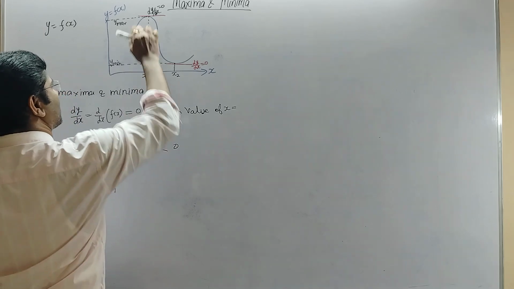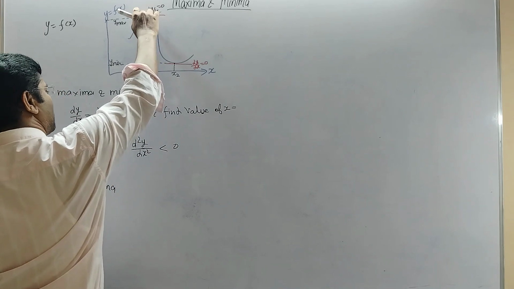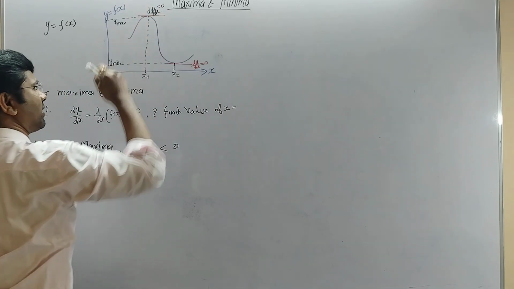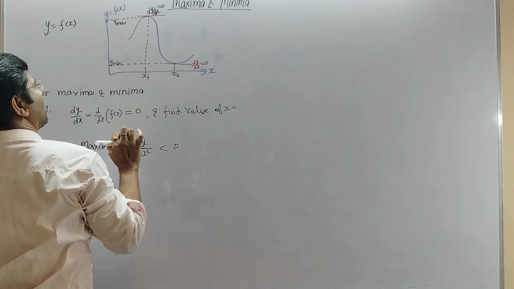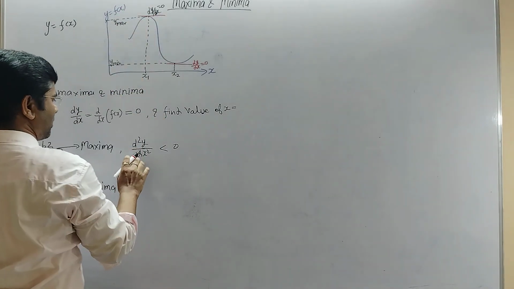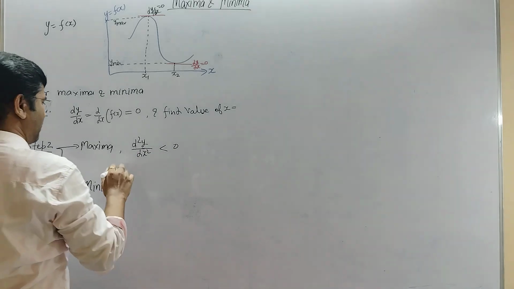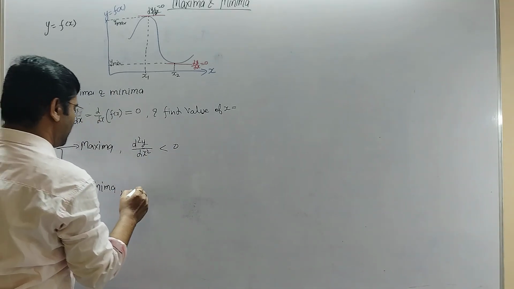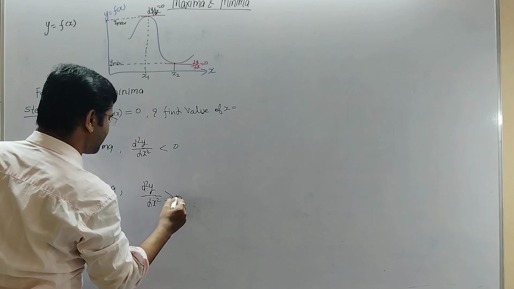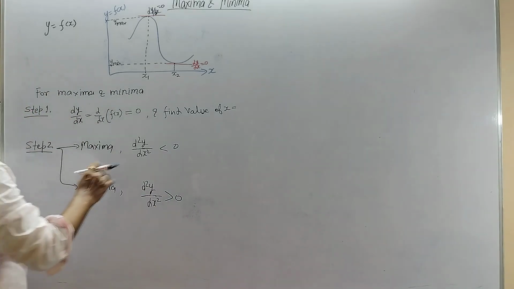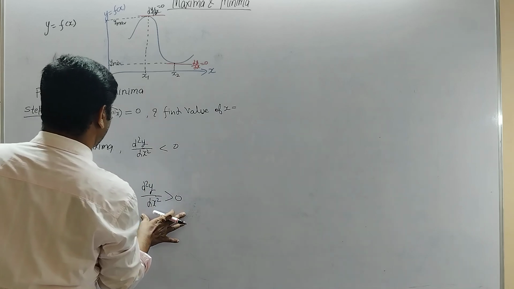Why am I saying negative? Because for a maxima, the rate of change of dy upon dx is going to decrease. Here the slope is negative. So if the double differentiation is negative, it will be maxima, and if the double differentiation is positive, it will be minima. So this is the case for maxima, and this is the case for minima.